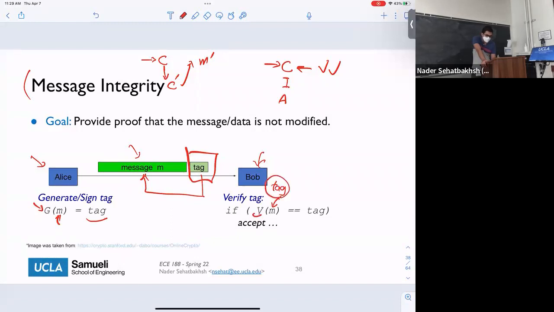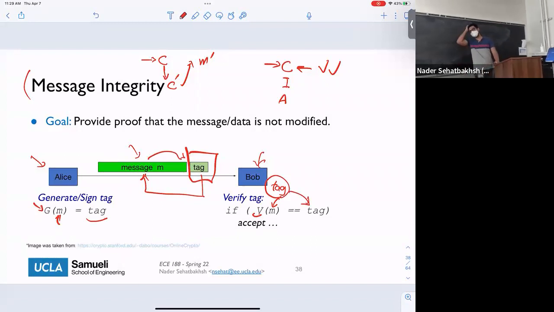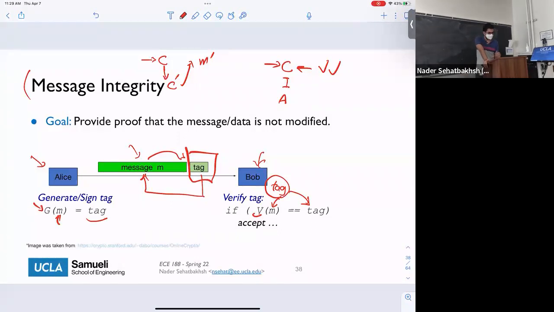He compares this tag with the tag that was sent with the message. If these two agree, it means that the message has not been compromised. If the tag has been changed, it means that either the tag has been compromised or the message has been changed. Okay, so this is the idea of message integrity.